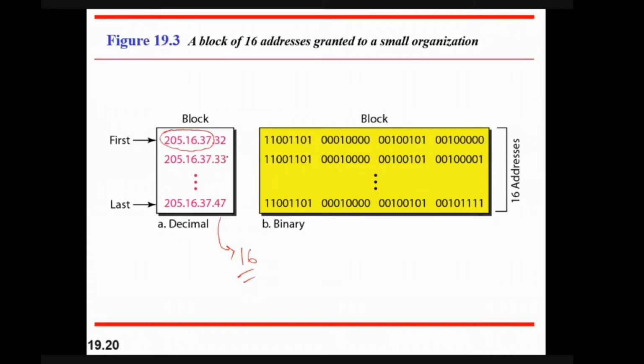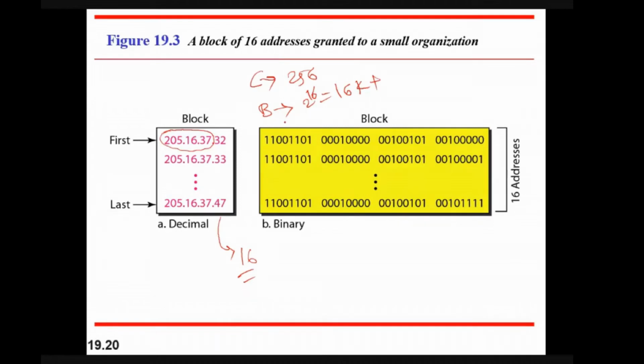Previously in classful addressing, what was happening? If you allocate a class C address, you get 256 addresses. If you allocate a class B address, the organization gets 2 raised to 16, which is 60K plus addresses.